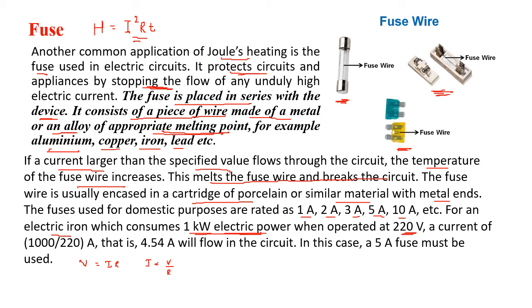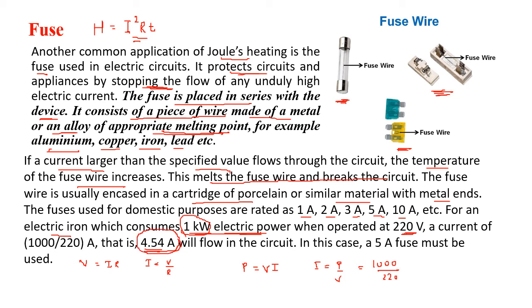Or we have to see power. Power equal to V into I. So I equal to P upon V. The power here is 1 kilowatt, that is 1000 watt, upon the voltage, that is 220. So 4.54 ampere current will be drawn from the circuit.